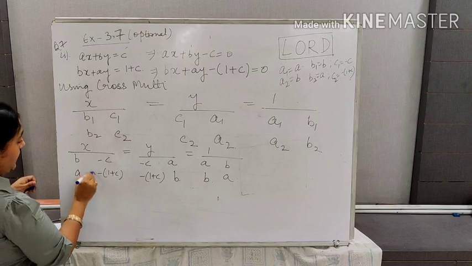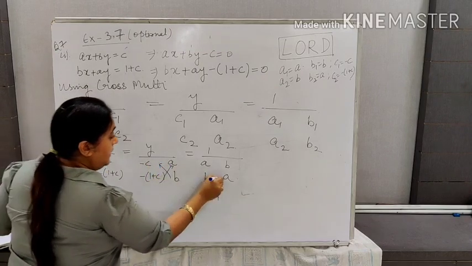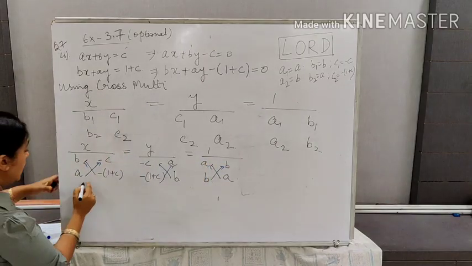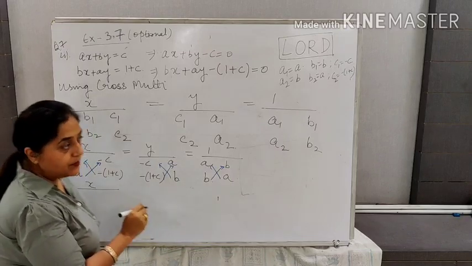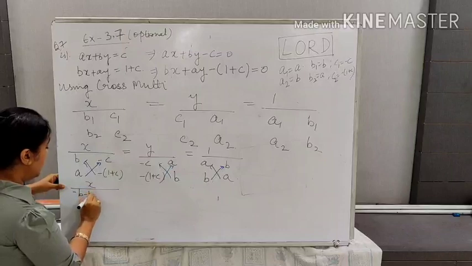Now what will you do? You will cross multiply. How will you do cross multiplication? This. Got it? Let us do cross multiplication. What do I have? X upon, very carefully, this step you have to do very carefully, minus B minus BC.